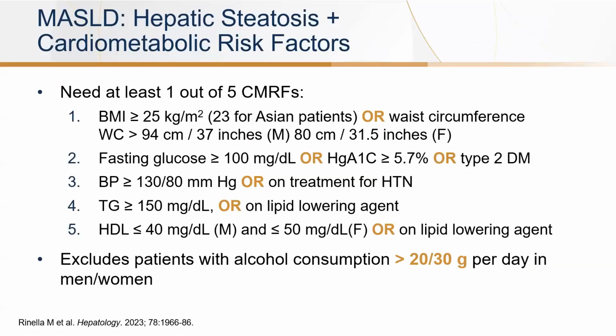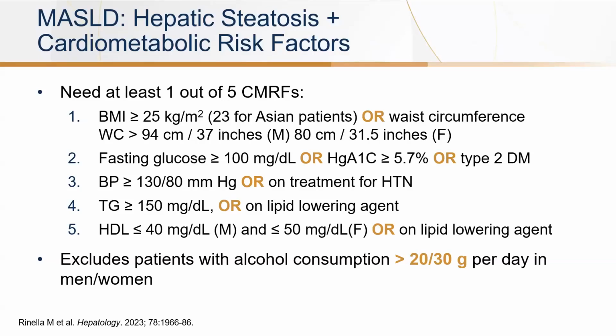So in order to define, once again, you want to look for their cardiometabolic risk factors. They need to have at least one of the 5. We talked about BMI greater than 25, 23 in Asians, and there can be slight differences for other ethnicities.